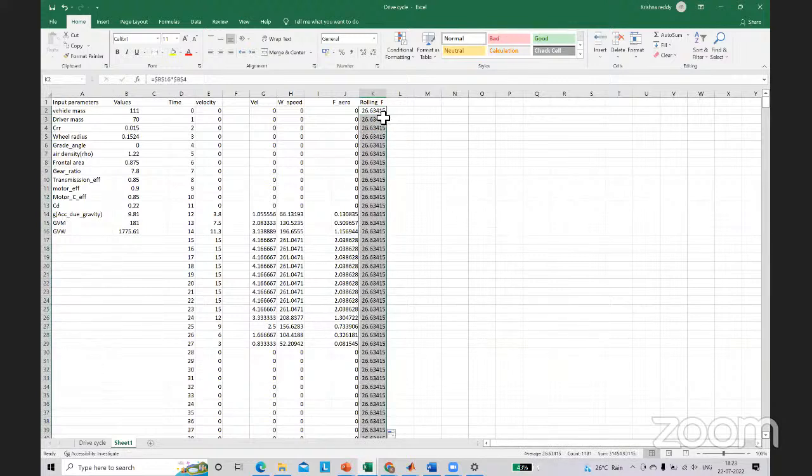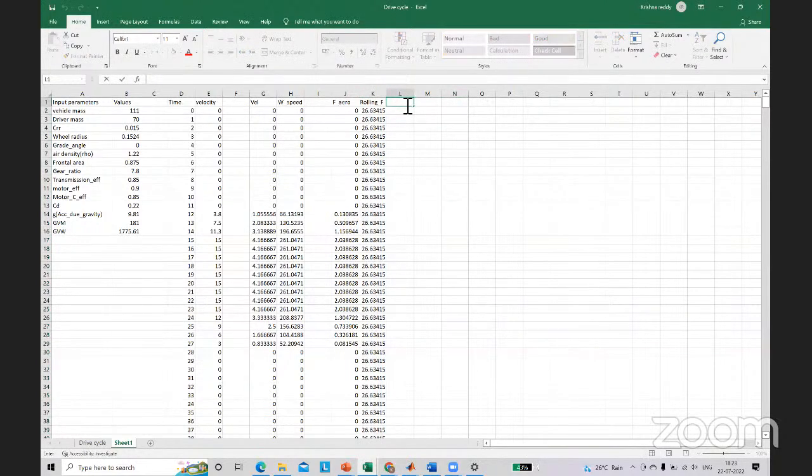So this will be a constant value. And gradient, we won't be considering because the gradient angle is 0. There is no inclination, so all the values will be 0. So we'll just neglect this particular part.